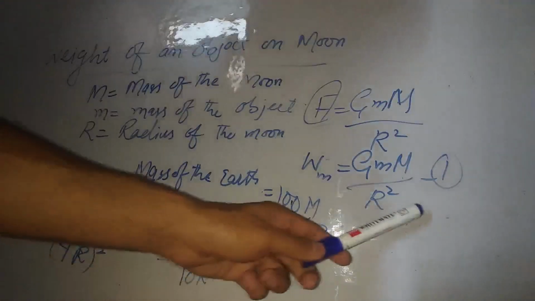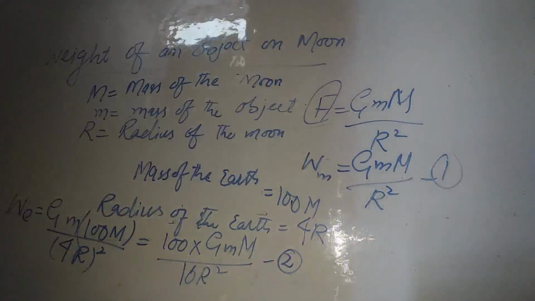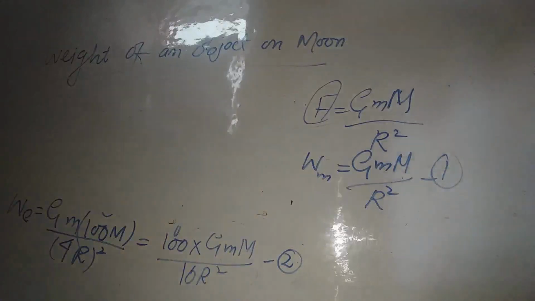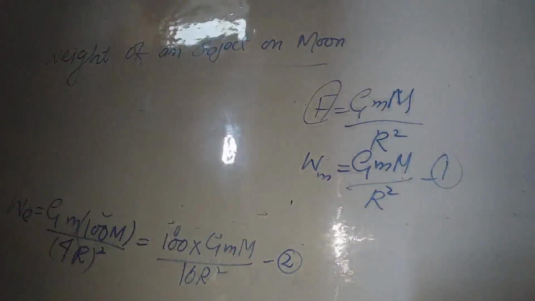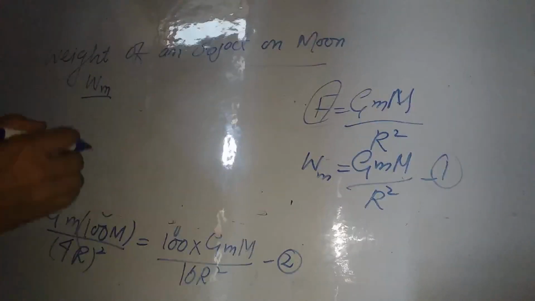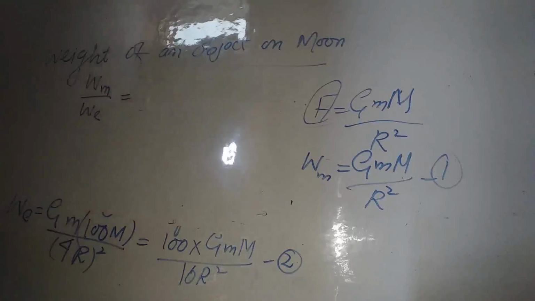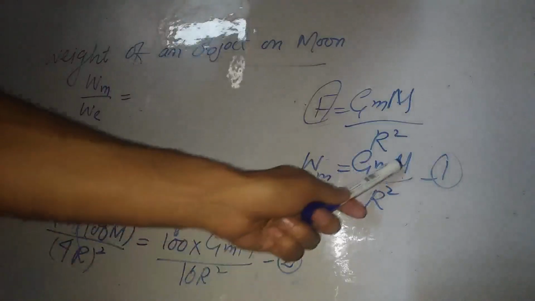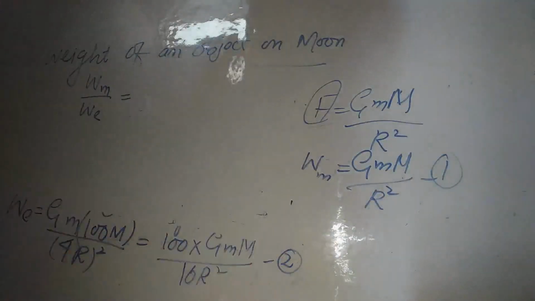So from equation first and equation second, if we compare these two and divide equation first by second, we will get Wm, weight on the moon, divided by We, weight on the earth, is equal to, look here, if we divide this equation by this, G and G will get cancelled, m and m will get cancelled, capital M and capital M will get cancelled, and r square and r square will get cancelled.